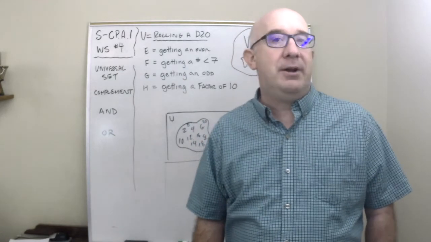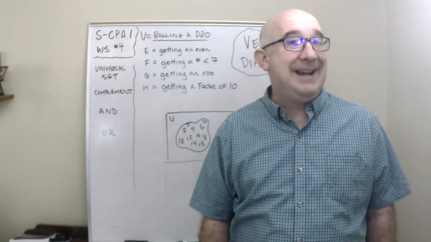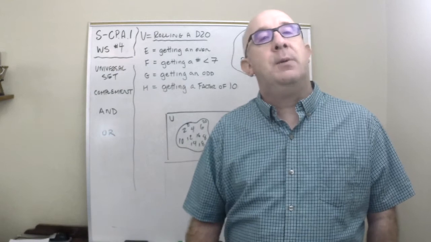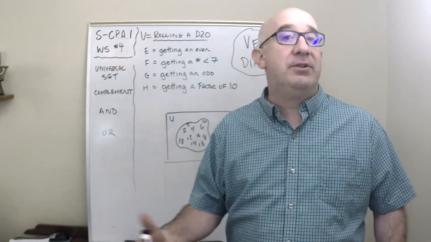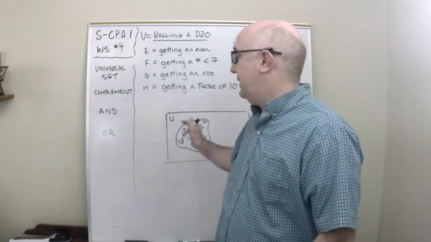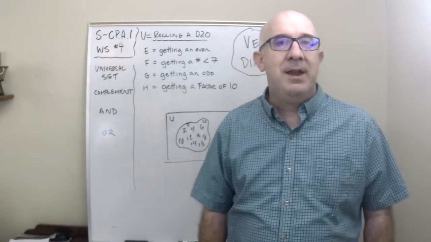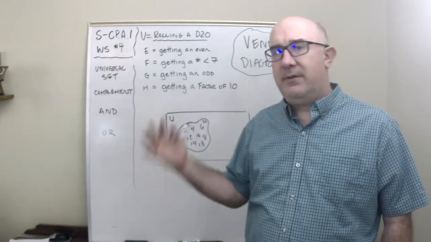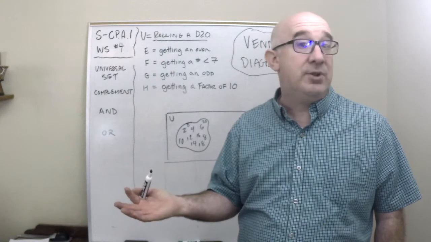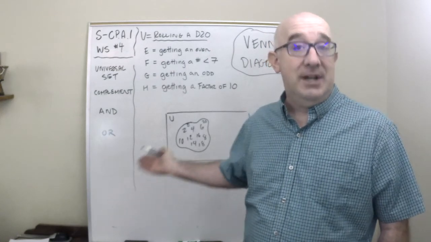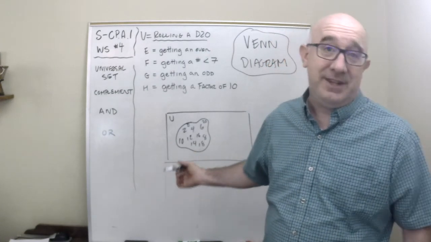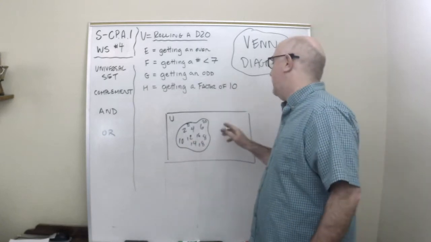Now let's teach you about a term called mutually exclusive. What that means is that you can have another set that has nothing in common with this group. Can you think of another group of numbers that when you roll have none of these numbers? There's lots of ways, but one way is getting an odd.